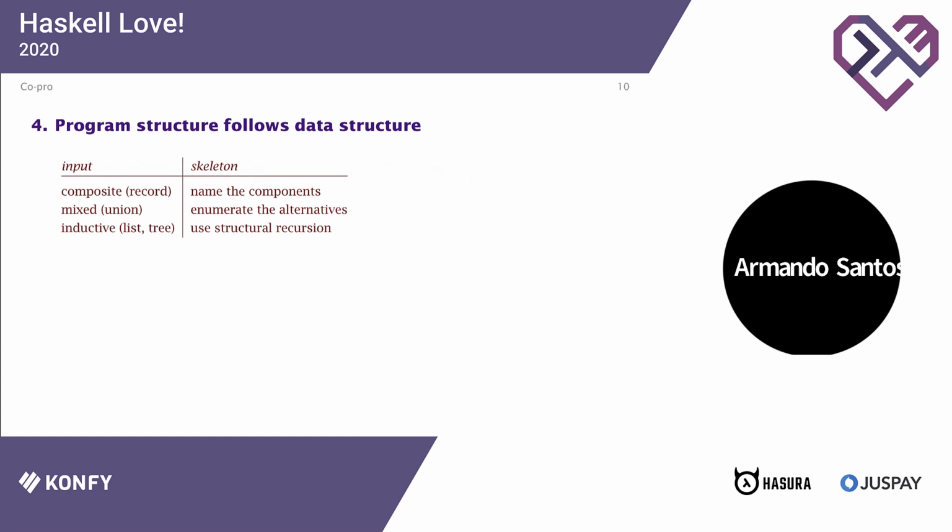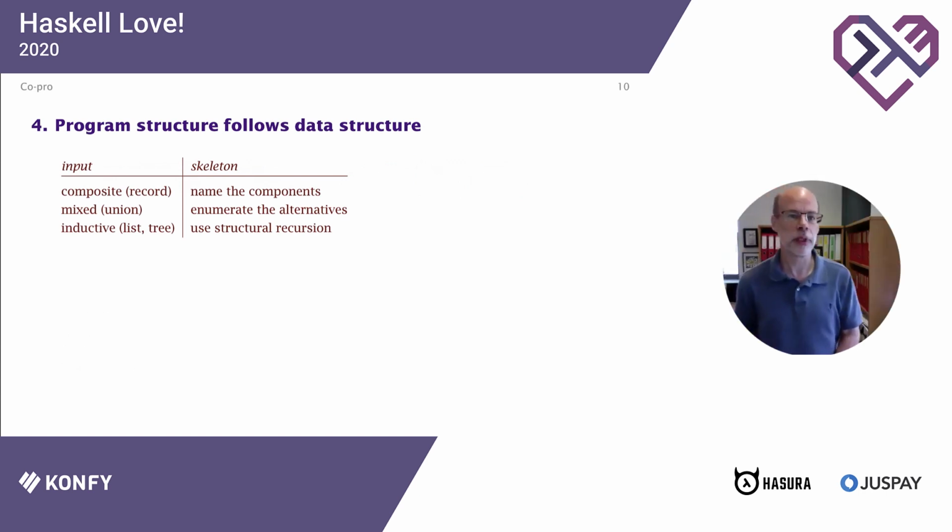So we had this table of program structures, input structures, and skeletons of programs that correspond to them. And the message, which is emphasized in the book How to Design Programs, is that program structure follows data structure.